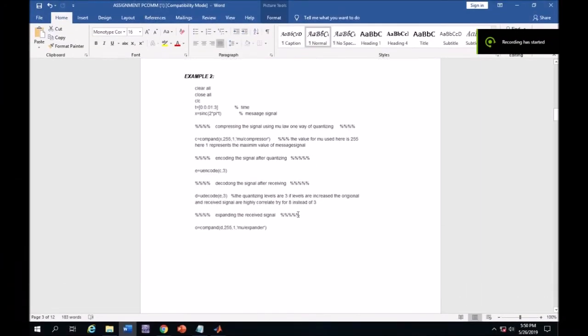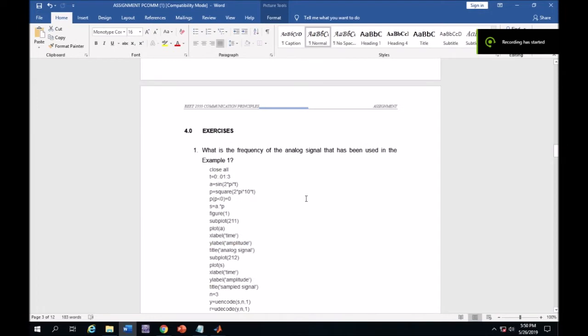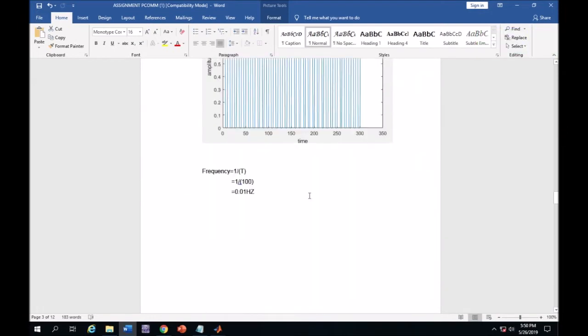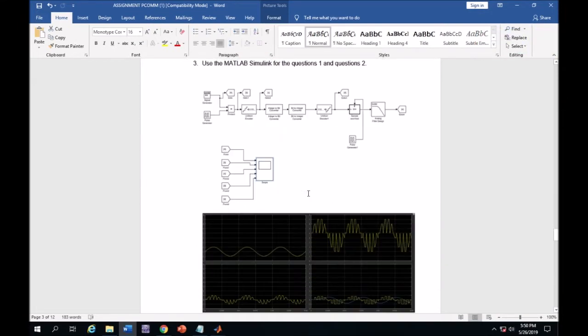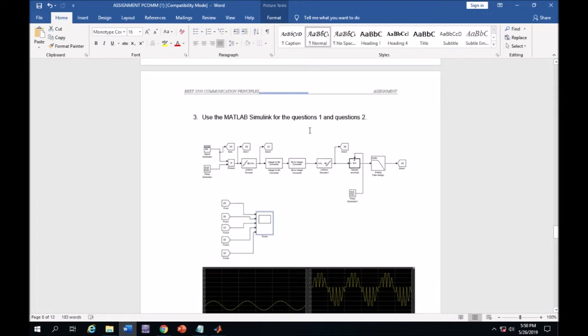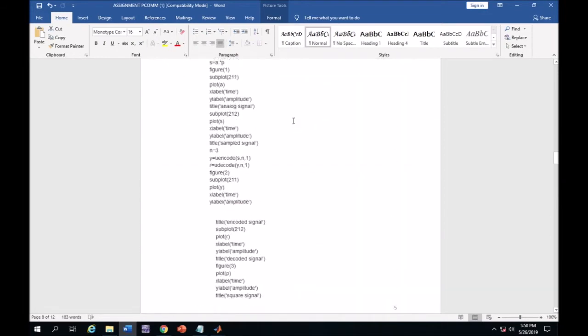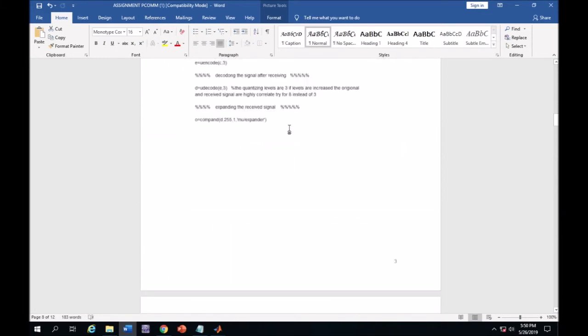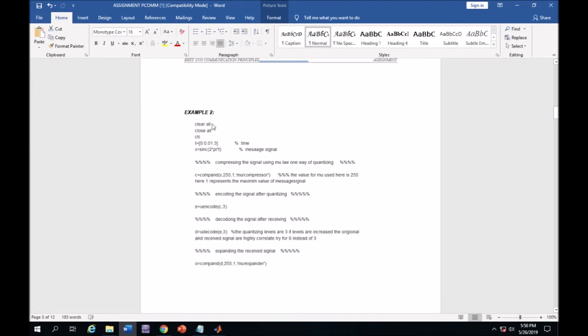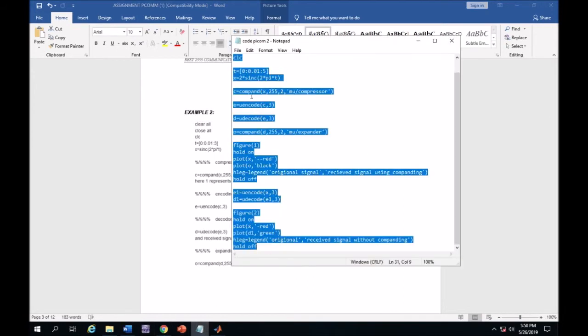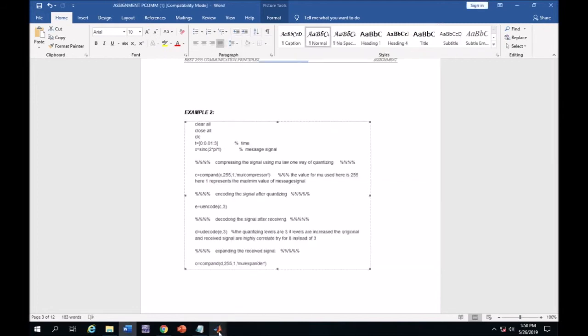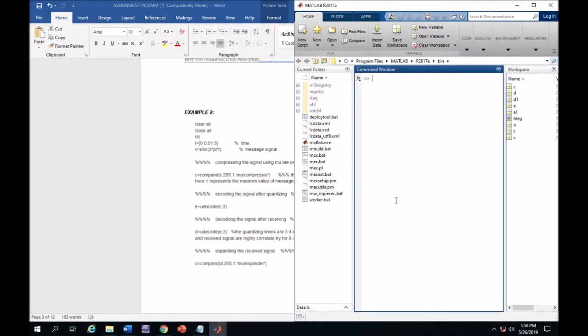Okay, for example 2, question 3. Okay, use the MATLAB Simulink for question 1 and question 2. Okay, question 2, we take the coding from example 2. Okay, this coding, we paste all and we paste into MATLAB.